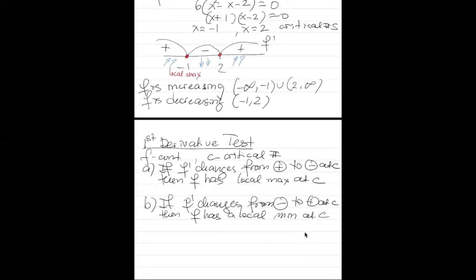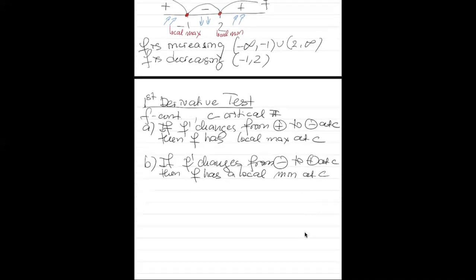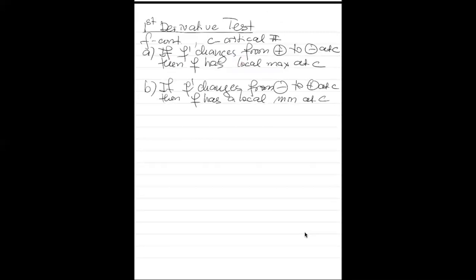So what do we have at 2? A local minimum. So one sign chart and you get increasing, decreasing, and your local minimum and maximum. All right, you can review the second derivative test. I'm going to go on and talk about the second derivative now. What does the second derivative say about the graph of f?